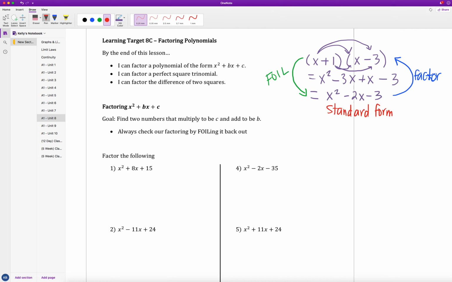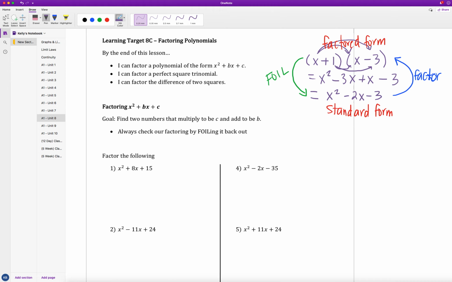And our form up here is what we would call factored form. In our last video, all of our problems started in factored form, and we practiced how to multiply, or FOIL, those two binomials out to get back down to standard form. In this video, we're going to do the opposite. We're going to start with a polynomial in standard form and learn how to factor it.